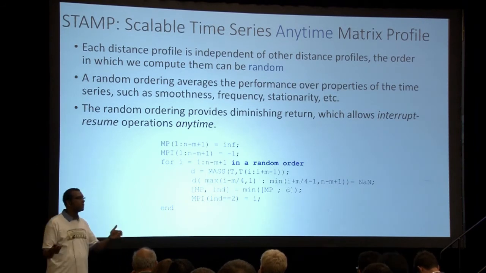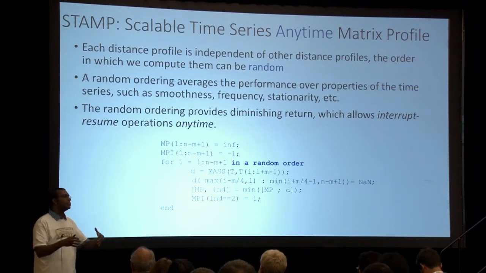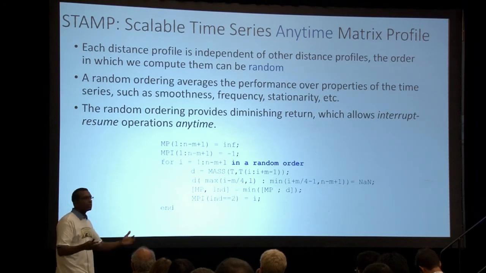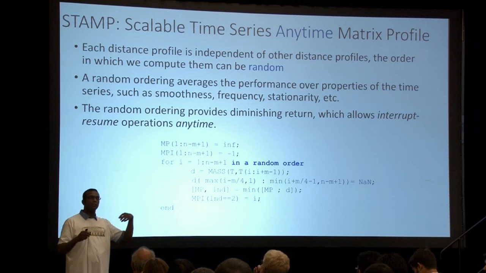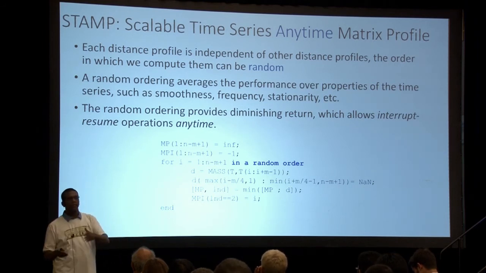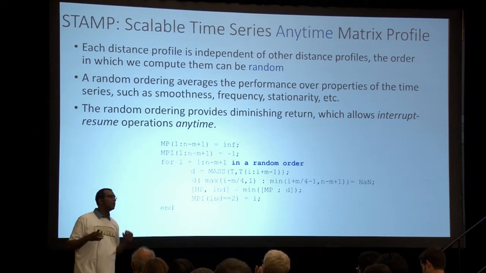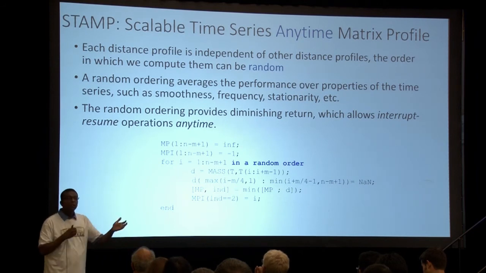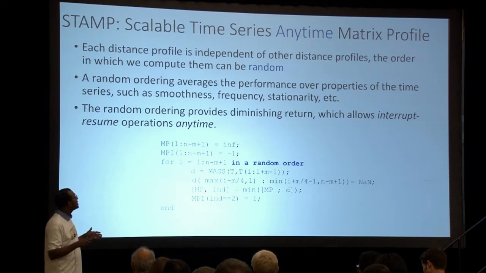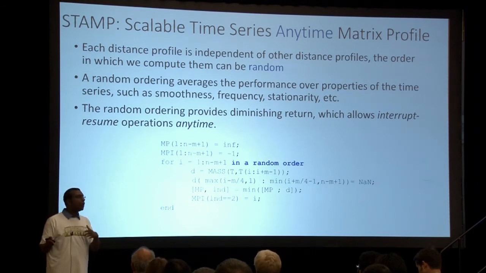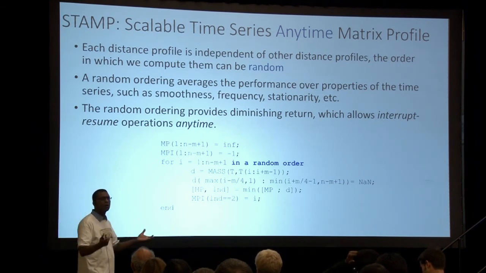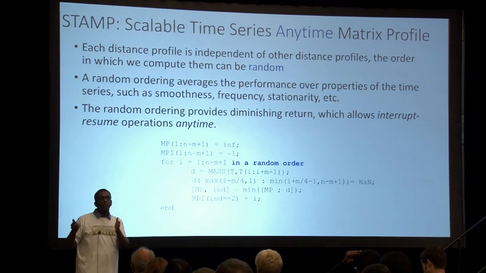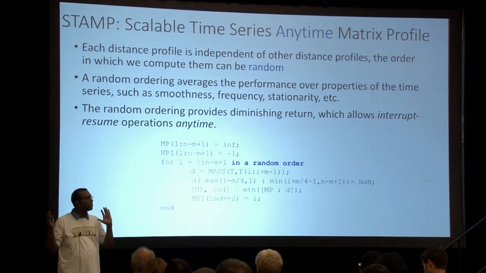This left to right ordering can actually create a bias in your evaluation, because sometimes we may have data starting at the weekend and then ending on Friday, or sometimes starting on Monday and ending on Saturday. So depending on where you start, the interesting patterns' location may change. And that's something you don't want, because if you run it and see that the algorithm is taking too long and you stop it, a good portion of your data will not even be explored.